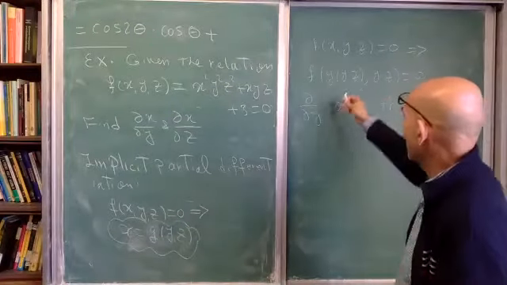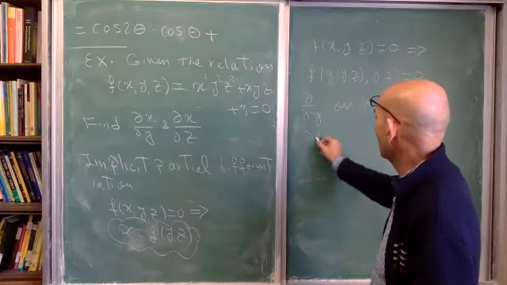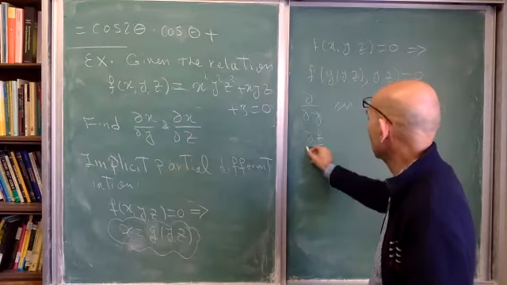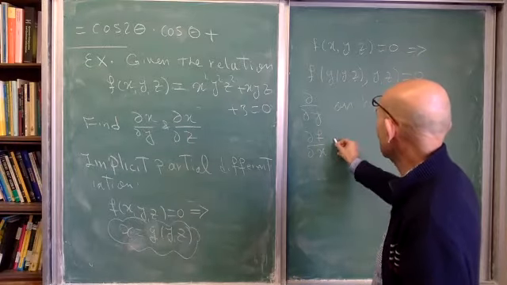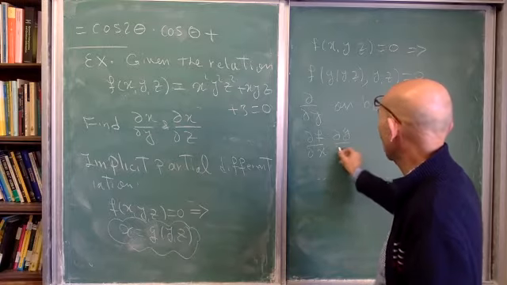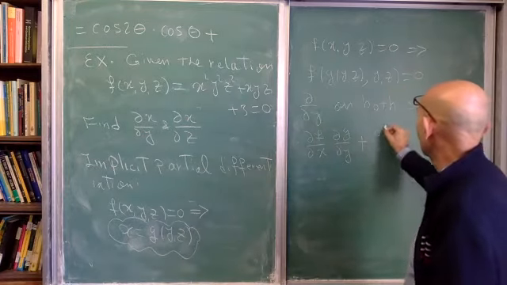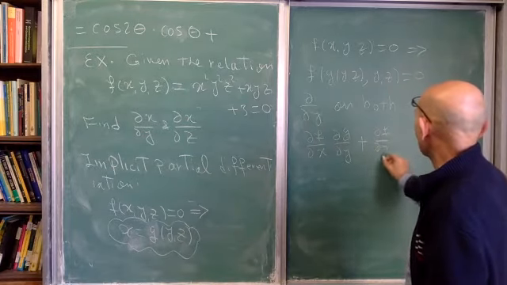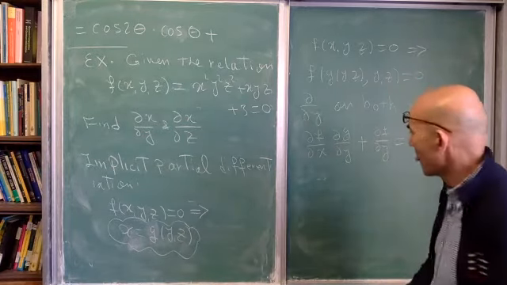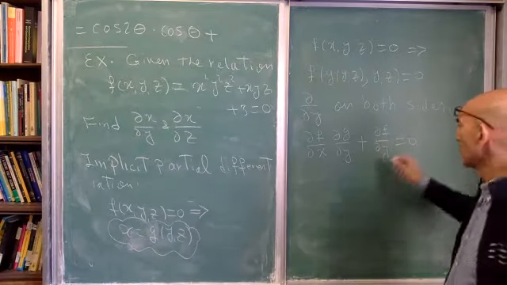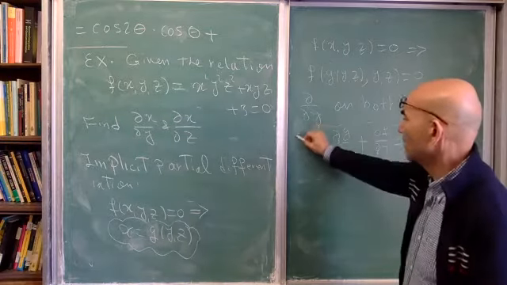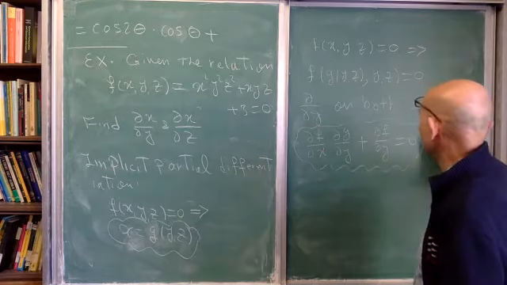So you get that df dx times dg dy plus df dy equal to 0. This is a crucial relation that we always use.